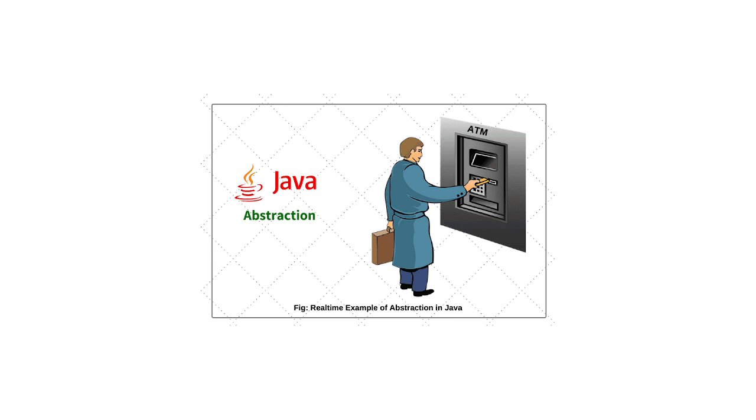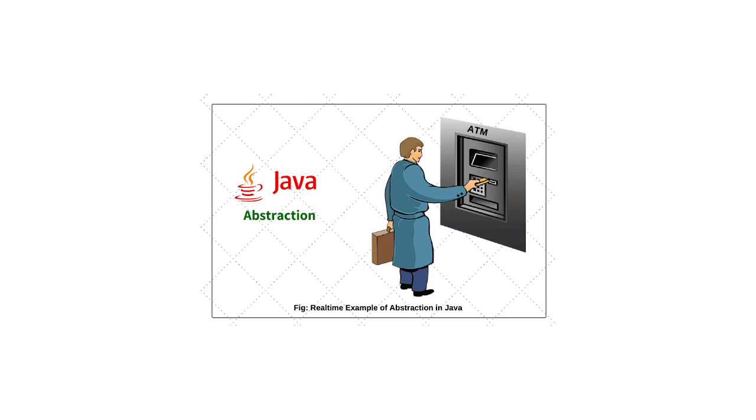Abstraction, in Java, means that it is not showing the background details, only the essential details. For example, take an ATM machine. We go to withdraw an amount, we insert the card, we provide our card pin, and we withdraw the amount.